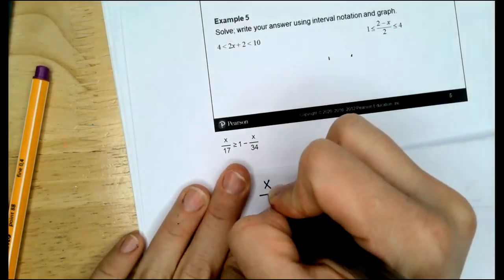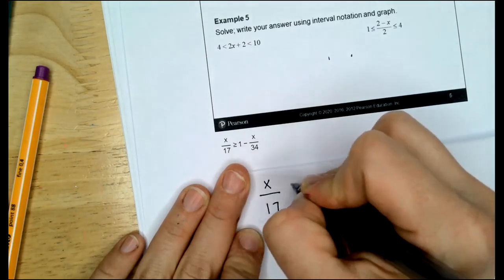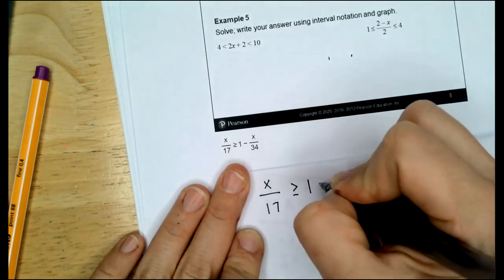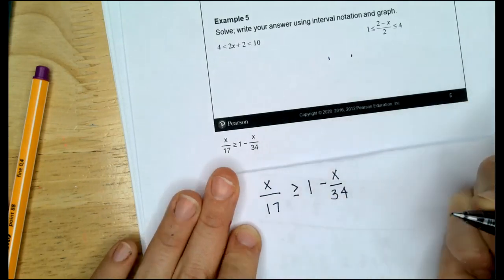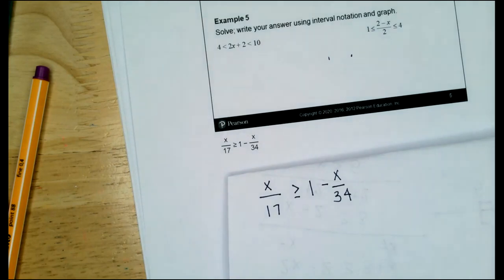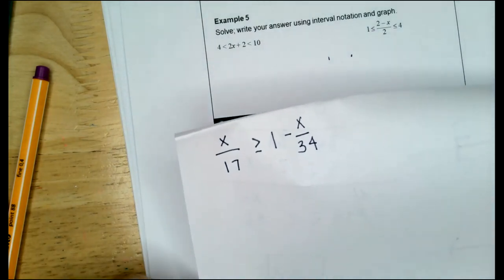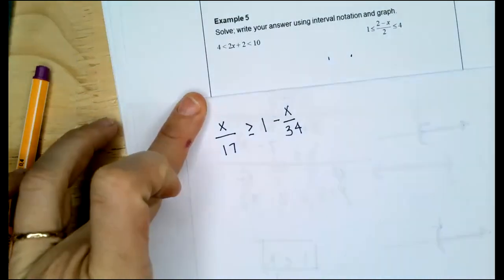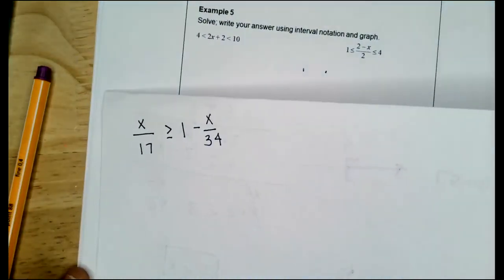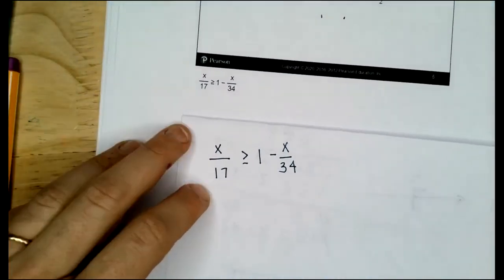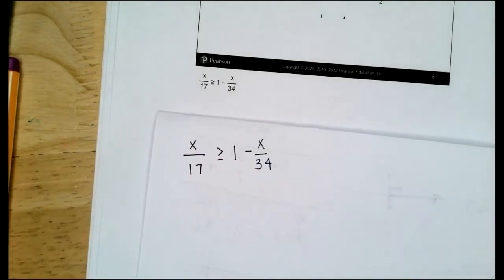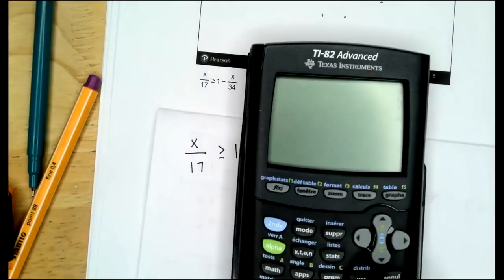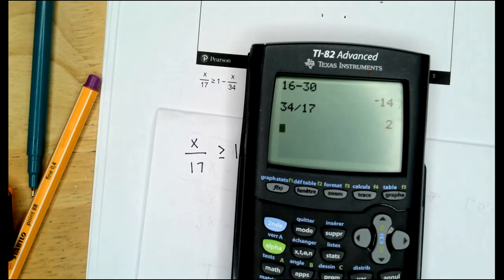Our last one was x divided by 17 is greater than or equal to 1 minus x divided by 34. So what should I do here? Well, I should say, can I divide 34 by 17? Oh, I can.